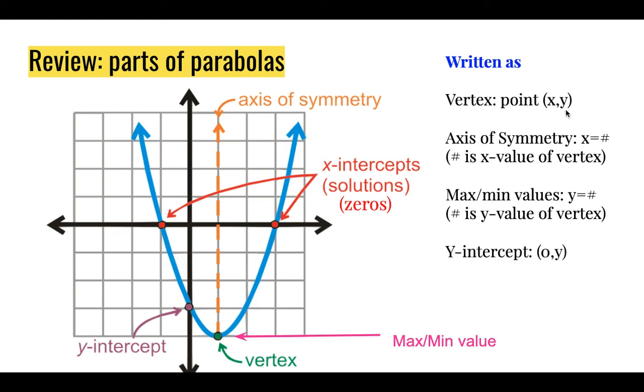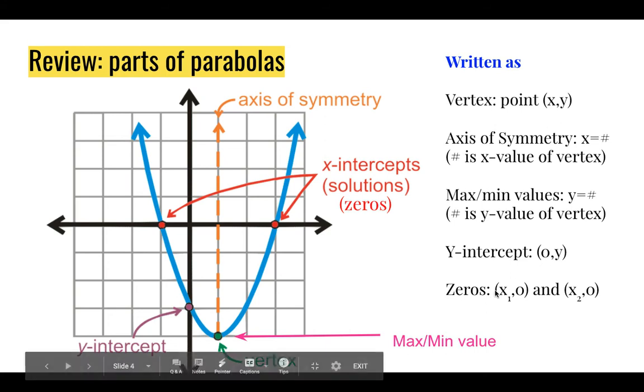The y-intercept is written as a point, because it is a point, 0, comma, and then whatever your y value is. The same goes for your zeros or your x-intercepts. You're going to write them as x1, comma, 0 and x2, comma, 0 if there are two. Okay.